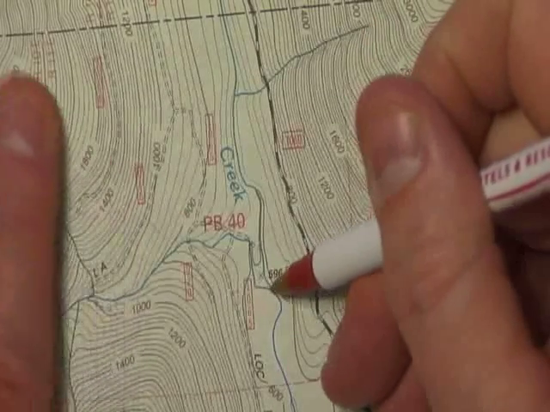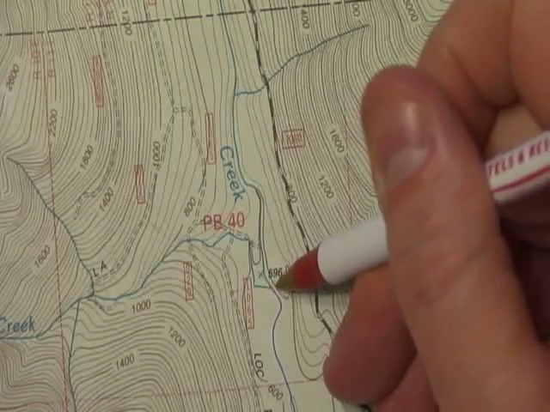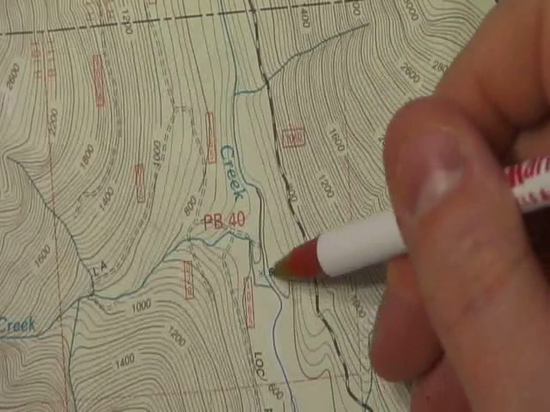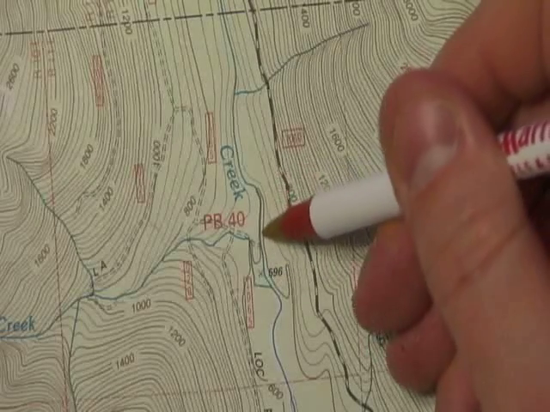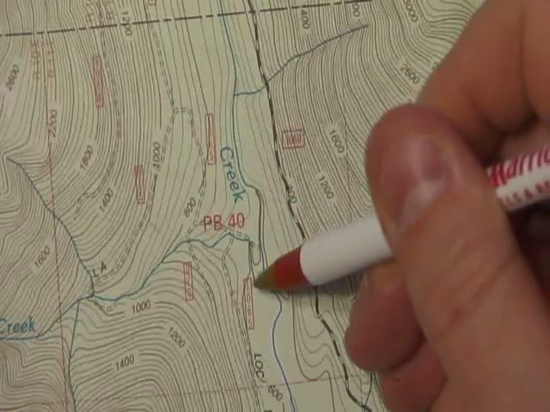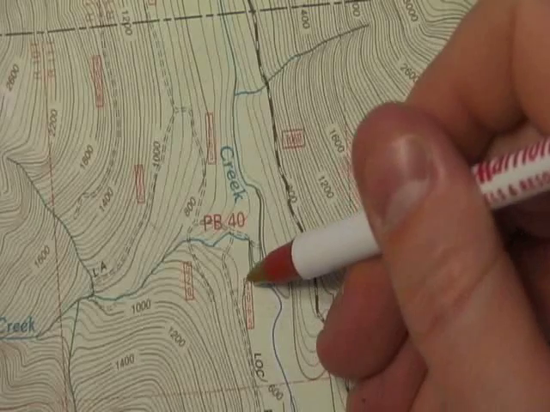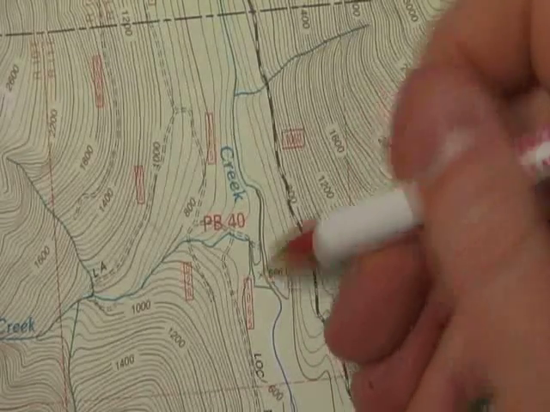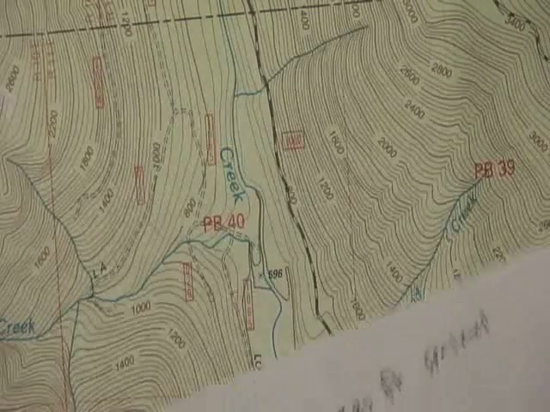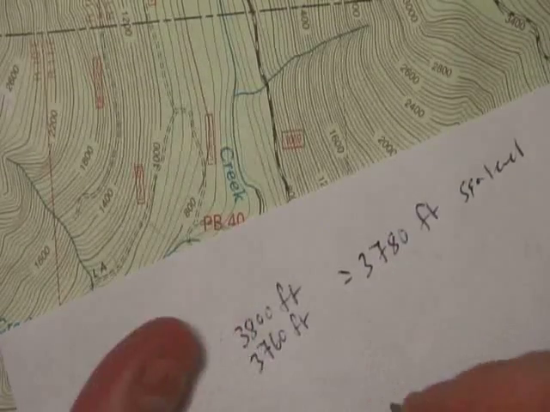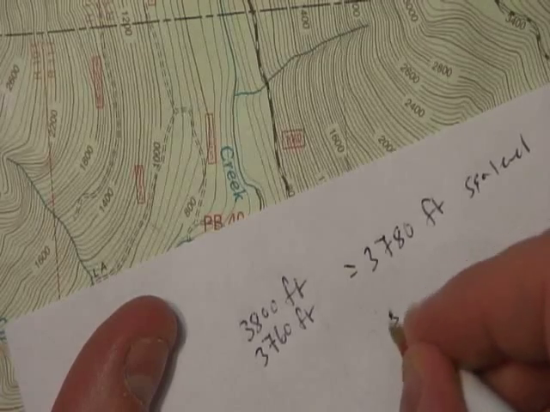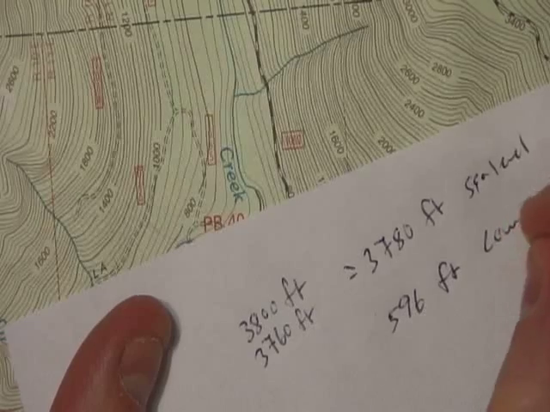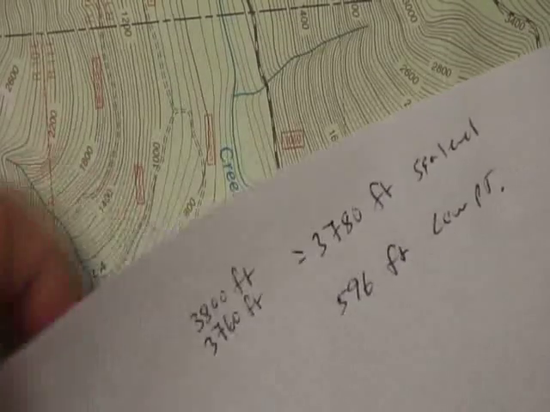I think that's going to be as close as anything to estimating a contour between here and here. I would be willing to bet this is probably 600, and this is going to be 560. So here's 596. I think we should use 596 feet as our low point. Okay?